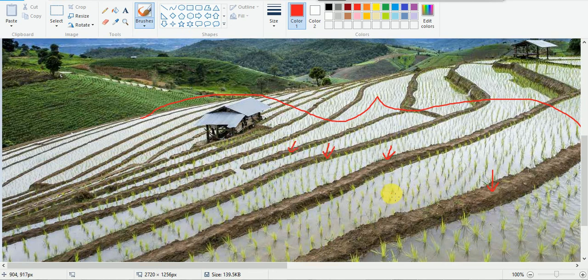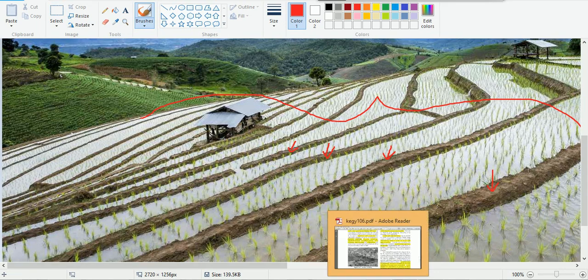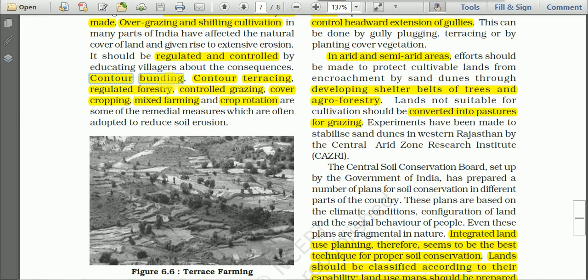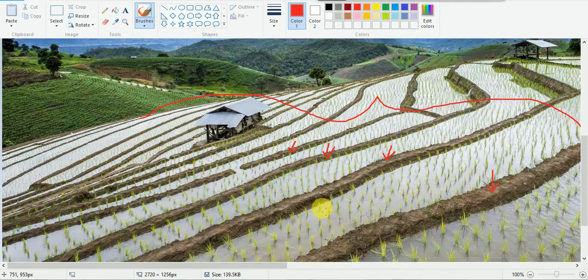If we make bunds like this, then when there is rainfall, the running down of water at high speed will be checked. Remember, contour bunding and contour terracing are associated with each other. First we do the terracing, and after that we make these bunds.